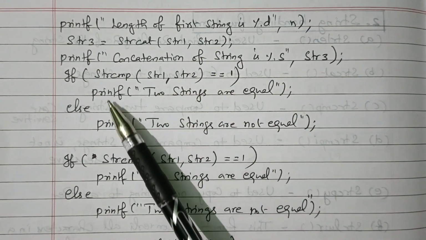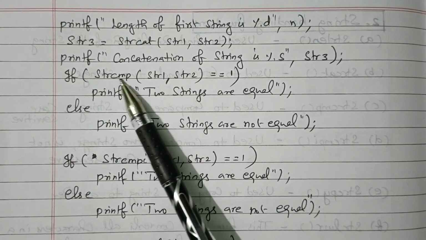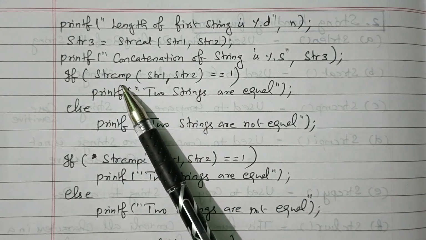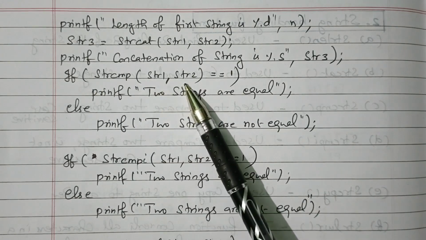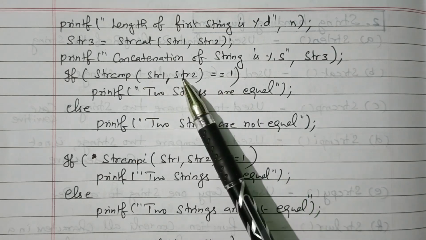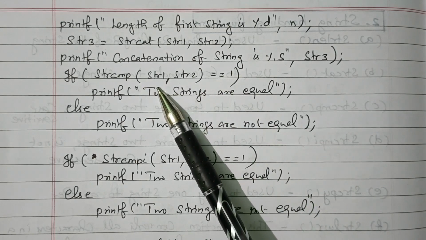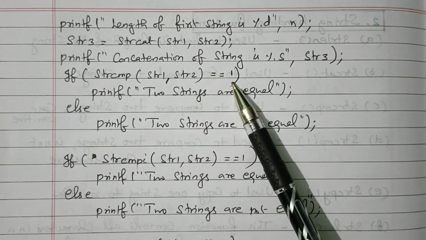Now we'll go to the next one, strcmp, string comparison. String comparison with case sensitive, right? It will check the case also. str1, str2, double equal to 1. What is the meaning? If both strings are equal, it will return 1. Otherwise, it will return 0, right? So we are checking whether it is equal to 1.